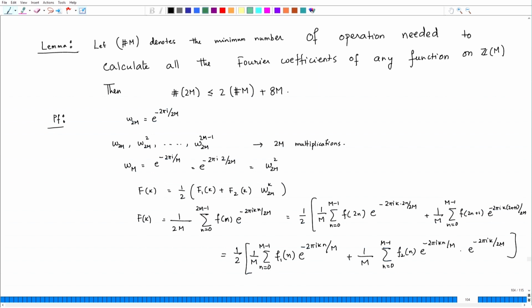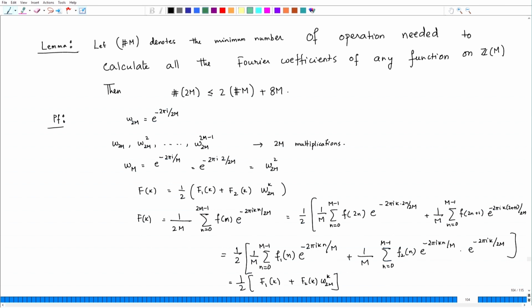This is precisely what we have written down over there. So, this is nothing but 1 by 2 and then f 1 hat of k plus f 2 hat of k times omega 2 m to the power k. That is what it is going to be.